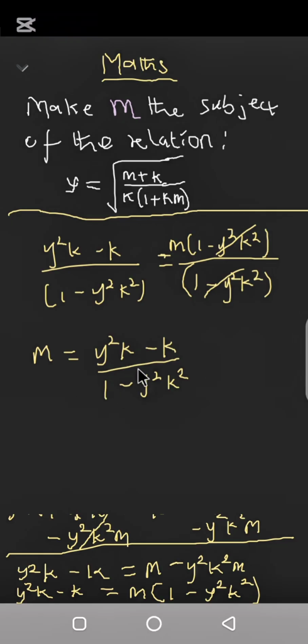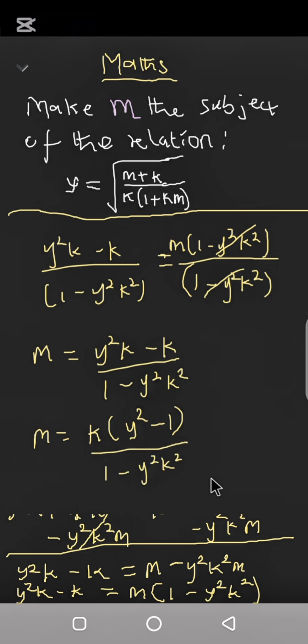You can leave your answer like this, or you can decide to factor out the numerator. And if we factor out the numerator, we can see that k is here and k is here. So k deserves to come outside. You can open a bracket, and what is remaining is y squared minus 1. And this is divided by 1 minus y squared k squared. And that is the final answer.